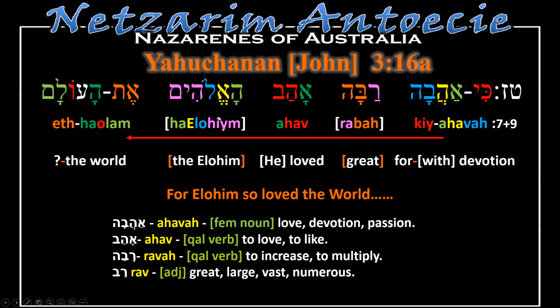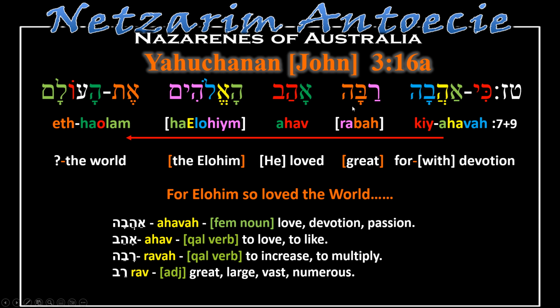Remembering that when it's in white, it's not pronounced. So we read, ki, for, ahava, devotion. So I've added with devotion, for with devotion. And of course, ahava is a feminine noun, and it can mean love, devotion, passion. So you can say for with passion.